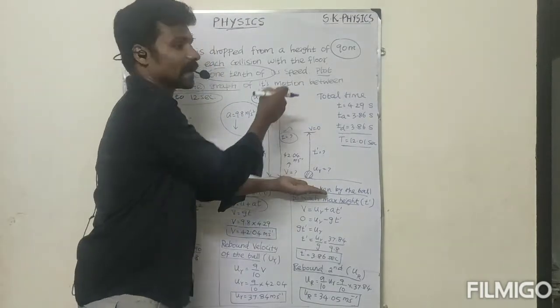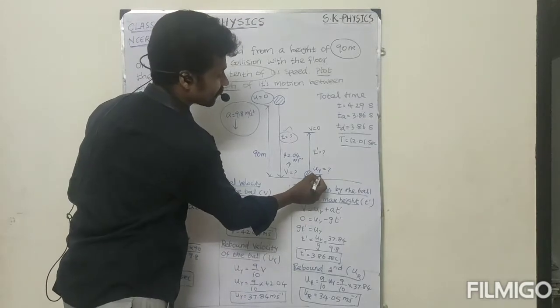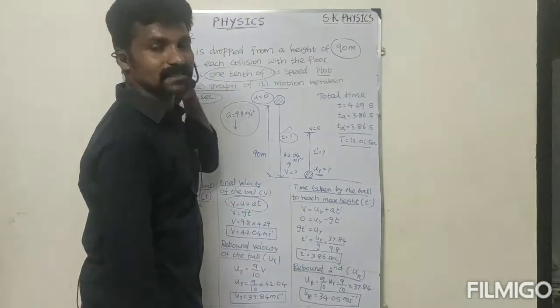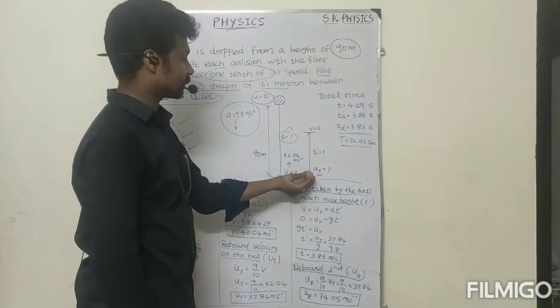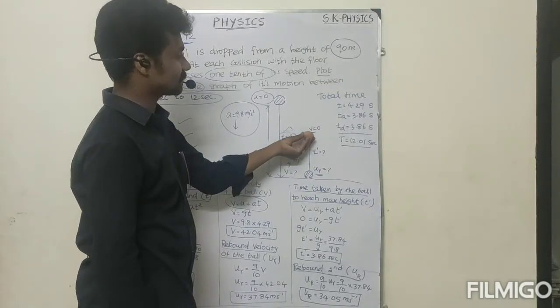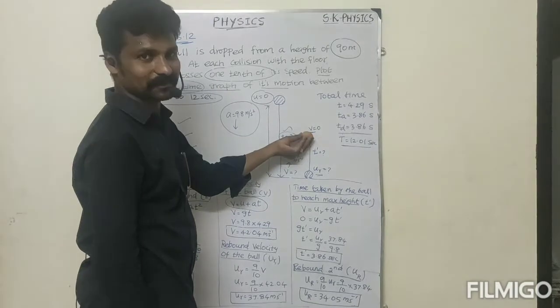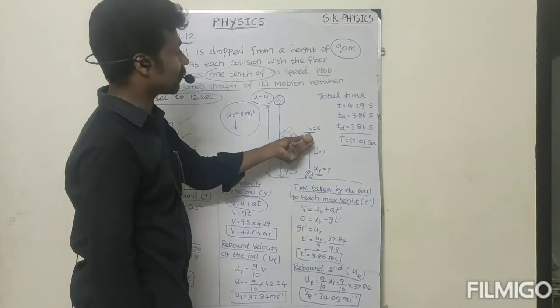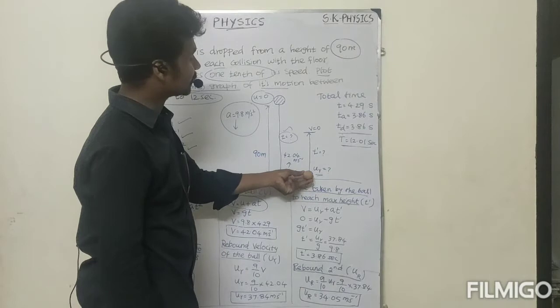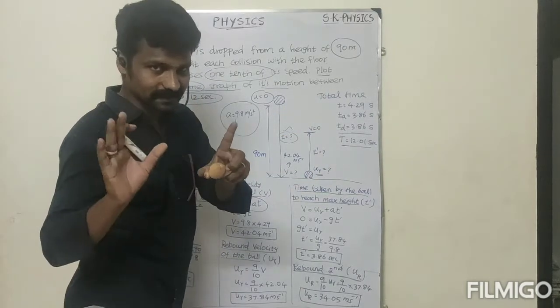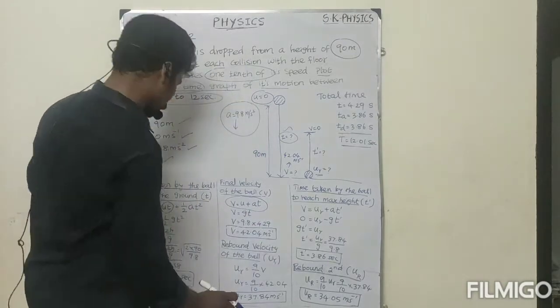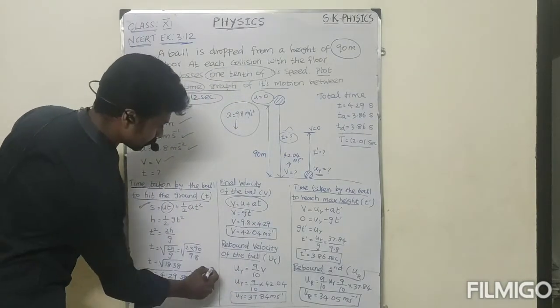For rebounding back, the initial velocity is UR, that is the rebound velocity. Then to reach maximum height, velocity is 0. The time taken to go upward to maximum height is T dash. Clear?